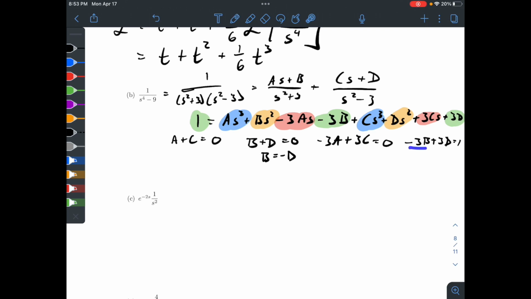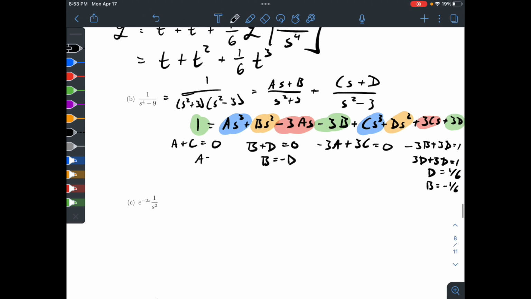So if I replace b with negative d over here, this would tell us that positive 3d plus another 3d is equal to 1. So 6d is equal to 1, so d is 1 over 6. And then b is just the negative of that, so it's negative 1 over 6.